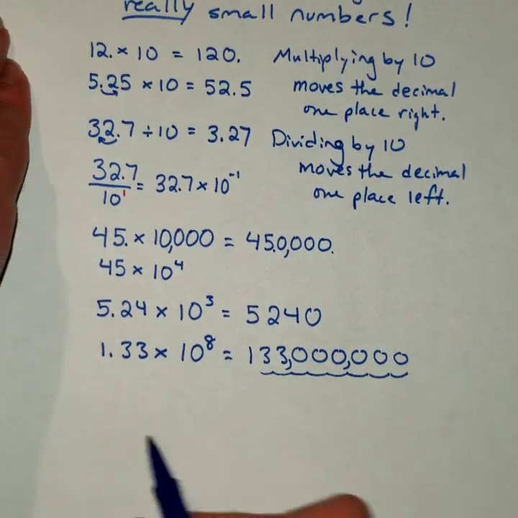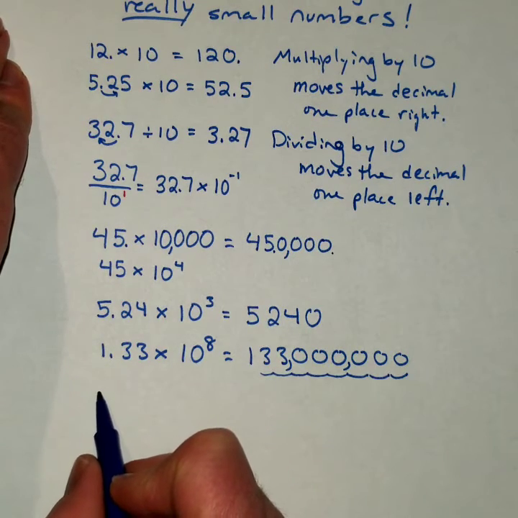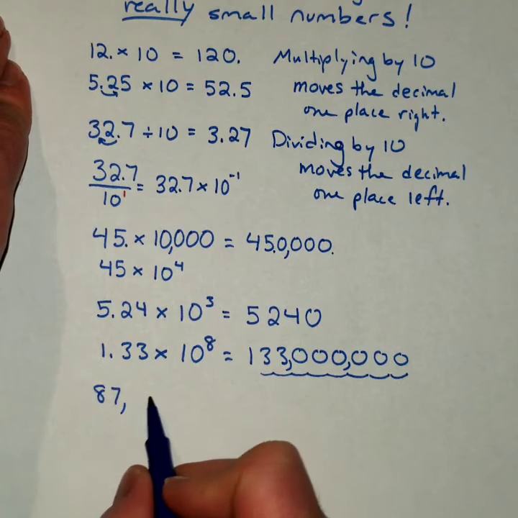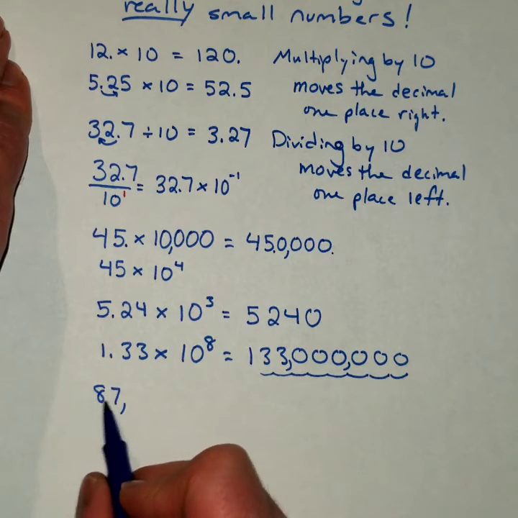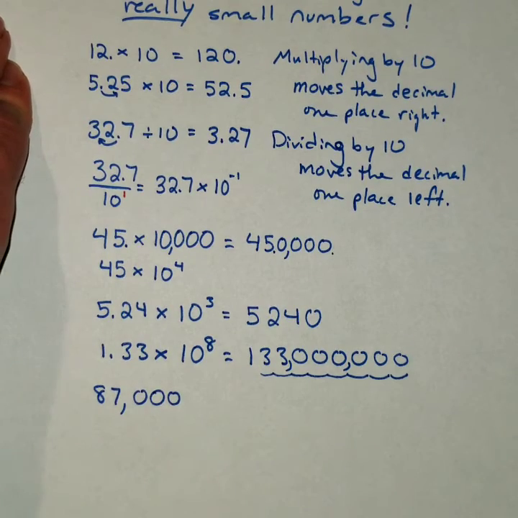Let's say we wanted to go the other way. Let's do a big number like 87,000. Okay.